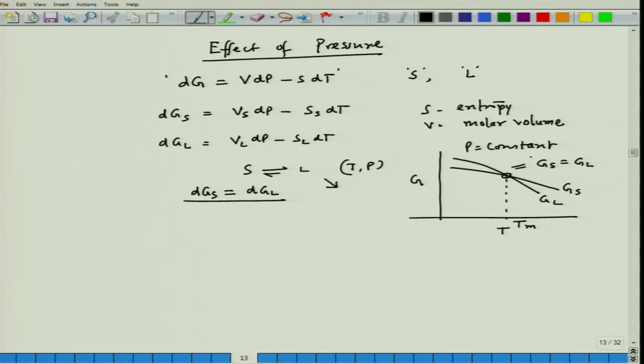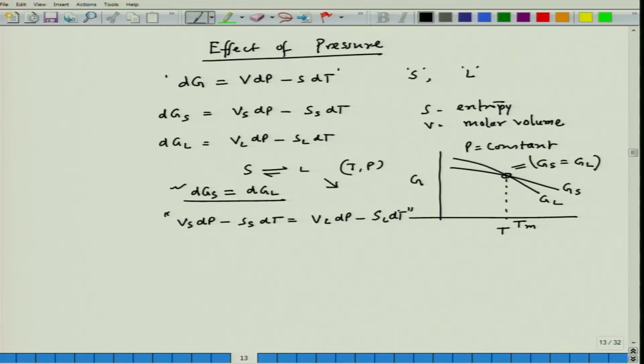Now, this can be written in the form of infinitesimal change. Once we do this, then we can write it as Vs dP minus Ss dT equals Vl dP minus Sl dT.